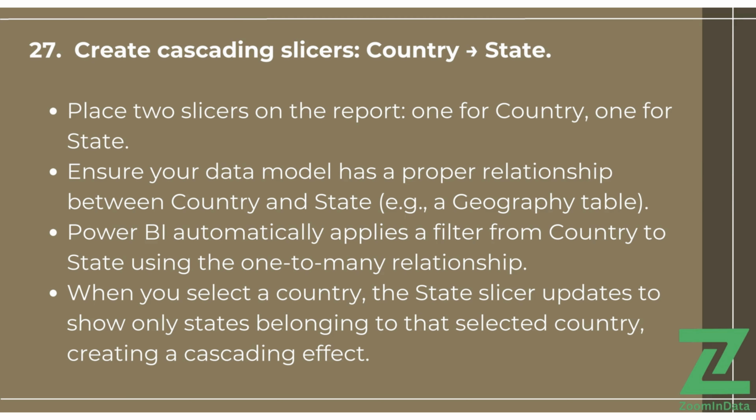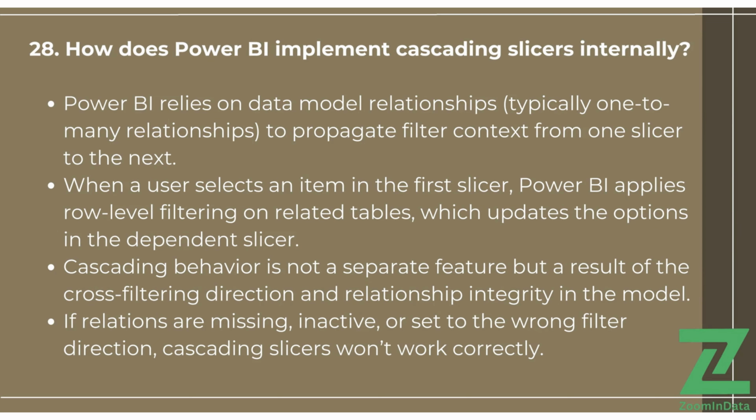Power BI automatically applies a filter from country to state using the one-to-many relationship. When you select a country, the state slicer updates to show only states belonging to that selected country, creating a cascading effect.